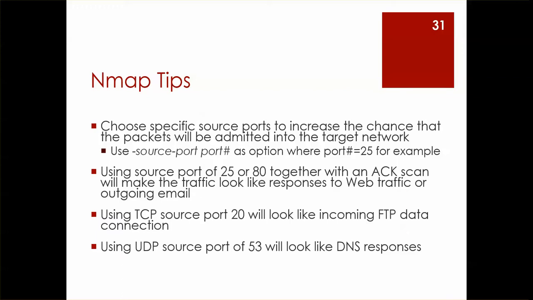It's more likely that, for example, a firewall says, okay, allow port 25 for communication through the firewall. If we specify that the information coming from our Nmap scan is coming from port 25, it's more likely to go through the firewall. The most common ports are 25 for SMTP or 80. If you're simulating basic traffic, most firewalls are filtering perhaps 80, but port 80 is always open. So if you're camouflaging our traffic as coming from port 80, it's more likely to get through the firewall.